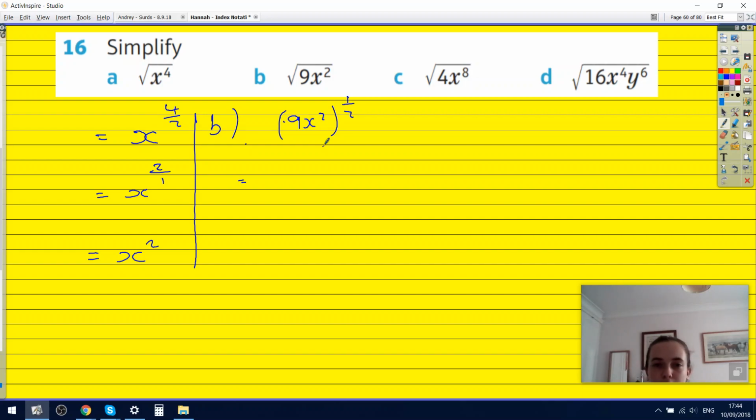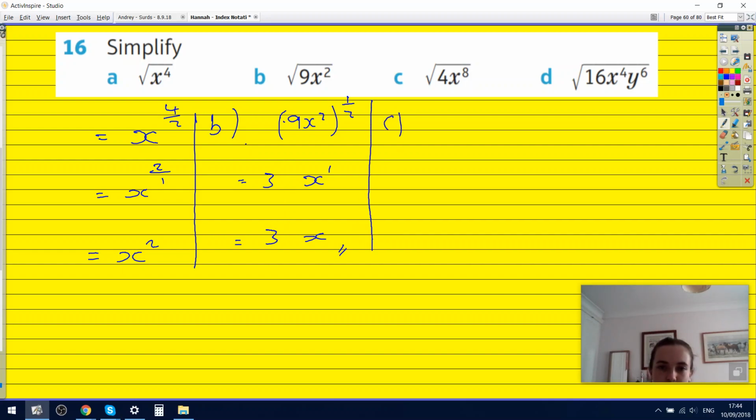Yeah. So 9x to the 1. No, yeah, 1. Let's say x to the 1 or just x. And it is the square root of both of them, not just the x. So 3. Yeah, so 3x.